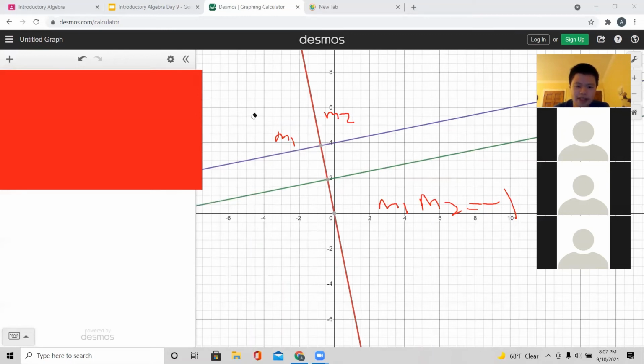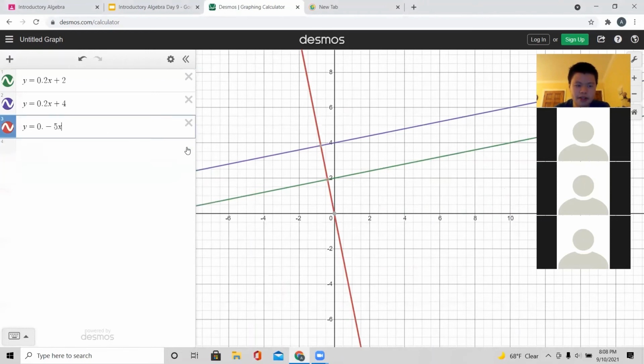So a common exercise that you might do would be to find a line that is perpendicular to a line and that travels through a certain point.